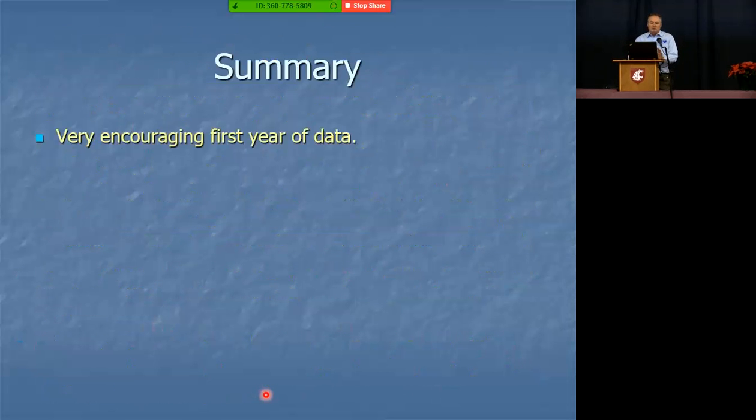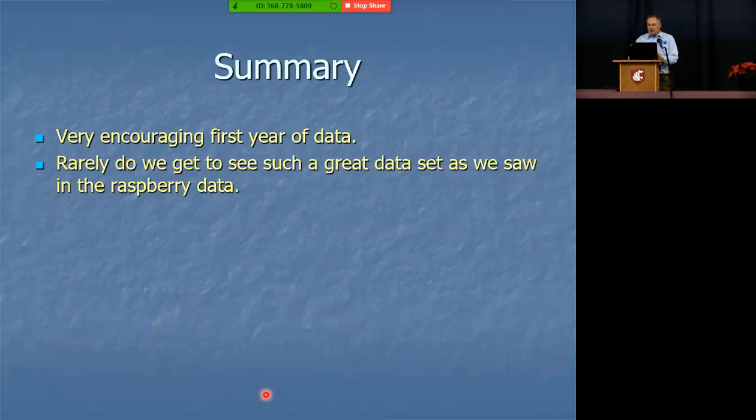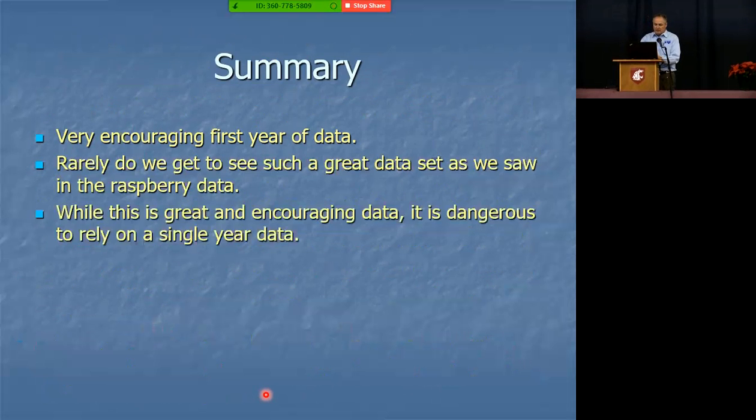So in summary, a very encouraging first year of data. I kind of blew through this because I don't want people to focus on it too much and form too much of an opinion, because we need more work on this. But I'm going to tell you that with the raspberry data, where the lines were so similar from product to product, you do not get such a fine data set like that very often.